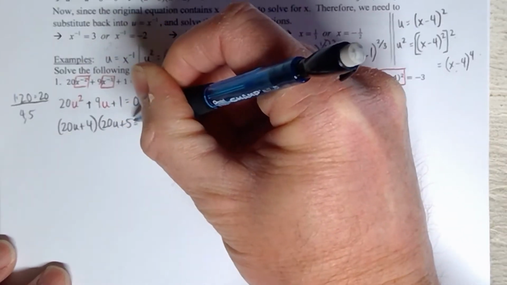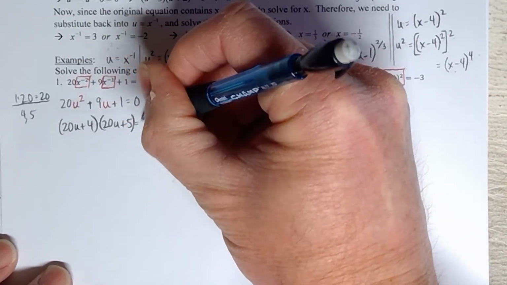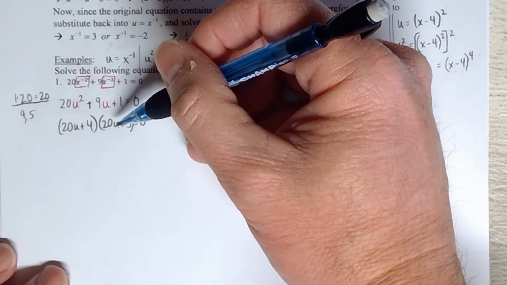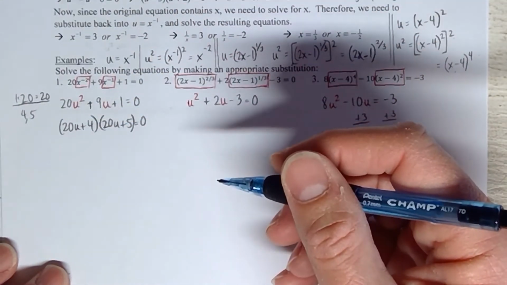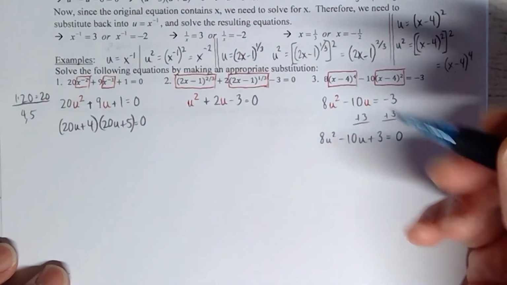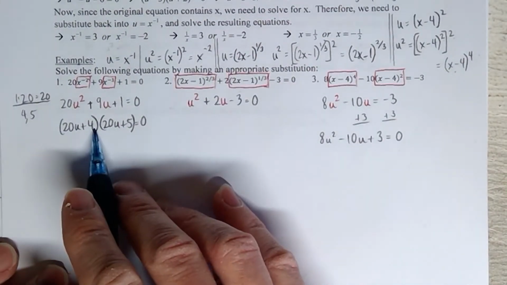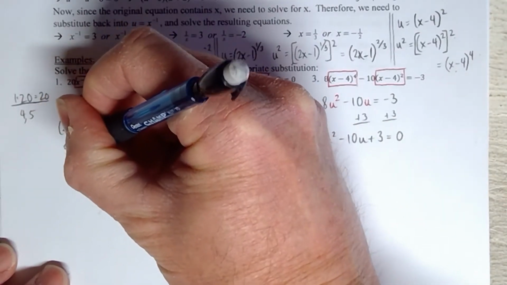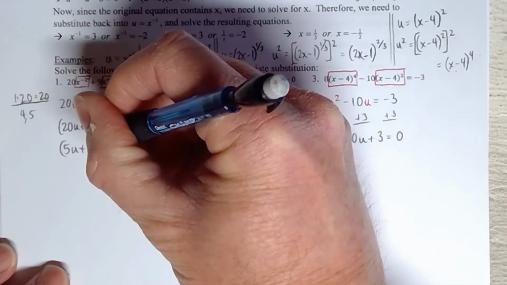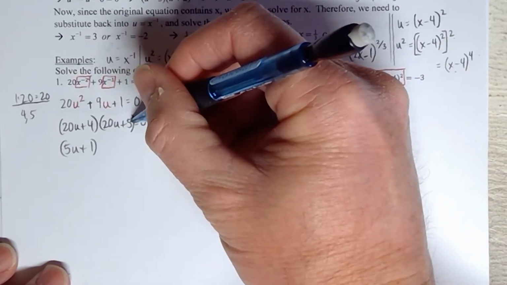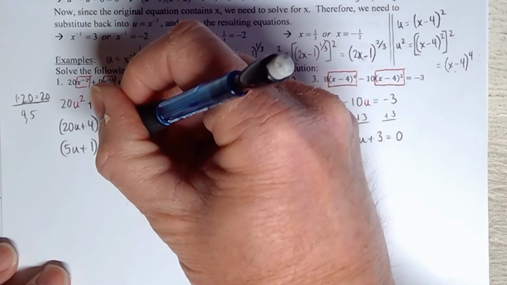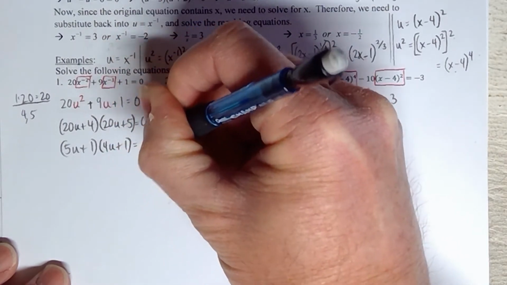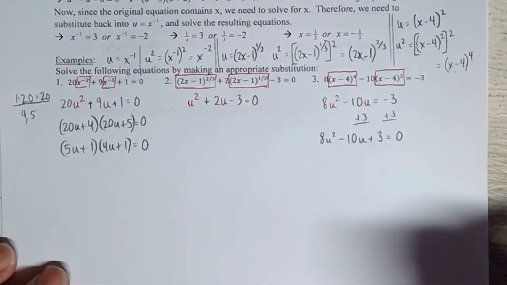But remember, you got to do that last step of the Berry method where you have to factor out the greatest common factor out of each bracket and then discard those GCFs in the last step of the Berry method. Here the GCF is 4. If I factor that out, it would be 5u plus 1. If I factor out the GCF here, which is 5, it would be 4u plus 1. And there we go.